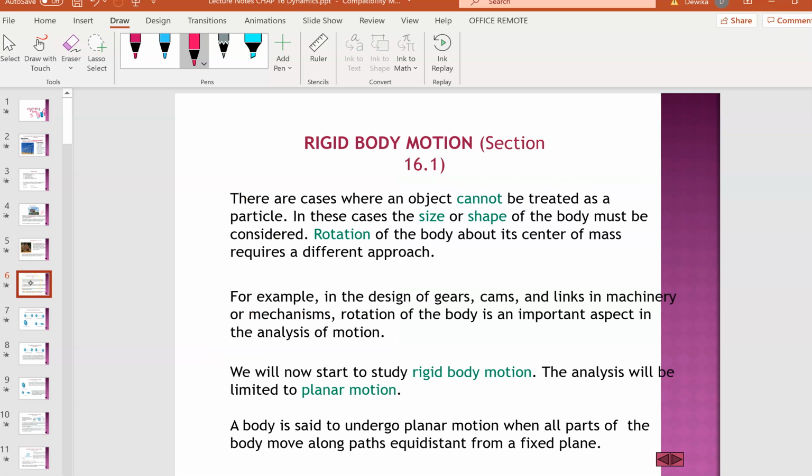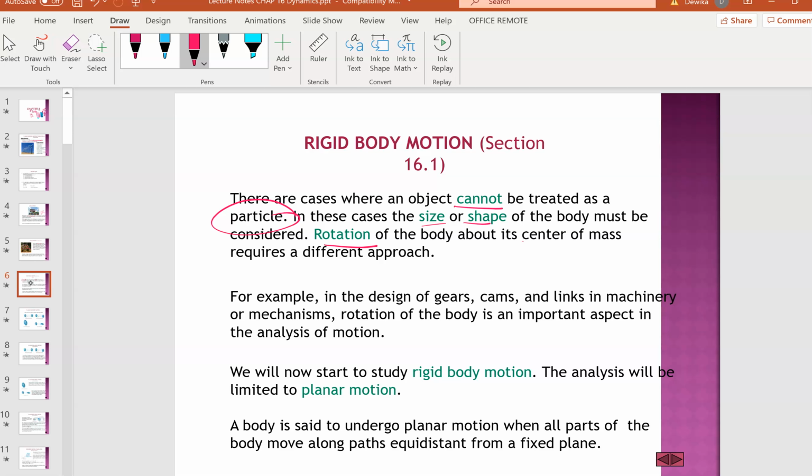There are cases where an object cannot be treated as a particle. Most of the time it is a rigid body, unless you are studying an atom or a very, very small particle. So in this case, the size and shape of the body must be considered.